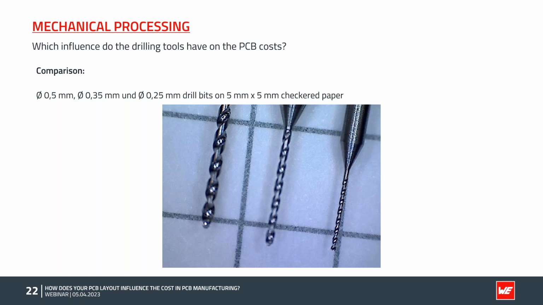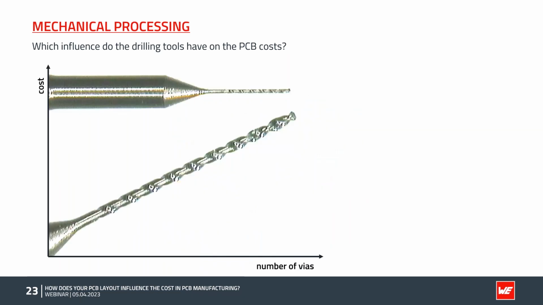Again, most of the time it's a trade-off, because the thicker your drill bit is, the wider your pad needs to be, and maybe more size is needed on the PCB, and maybe your PCB is getting thicker. So this contradicts what I told on the very first slides, that we want to make the PCB smaller. But again, it's about finding a trade-off, what would be best for this specific PCB.